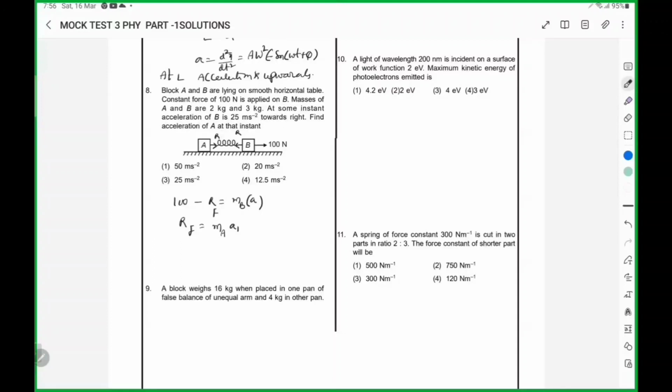Mass of B here is 3 kg into its acceleration 25, so restoring force is 25 newtons. Mass of A is 2 into A1, so A1 here is 12.5 meter per second square.